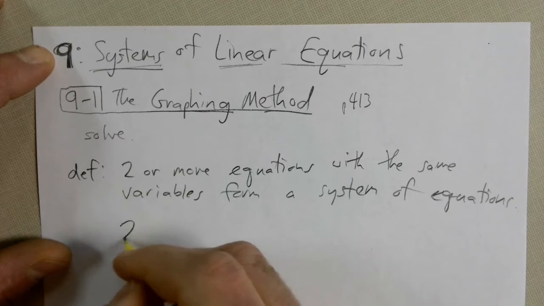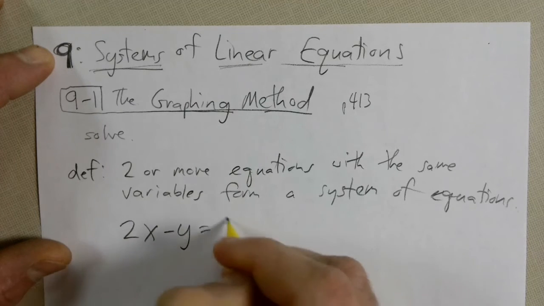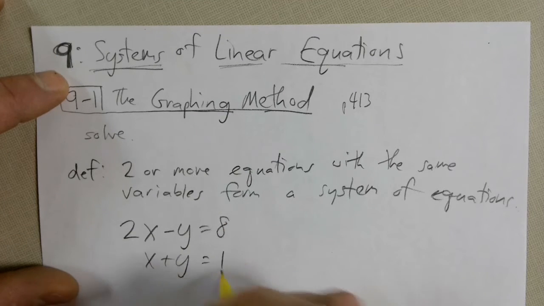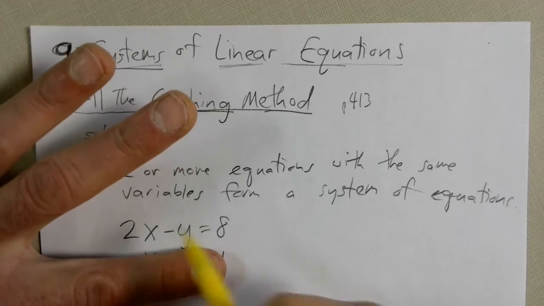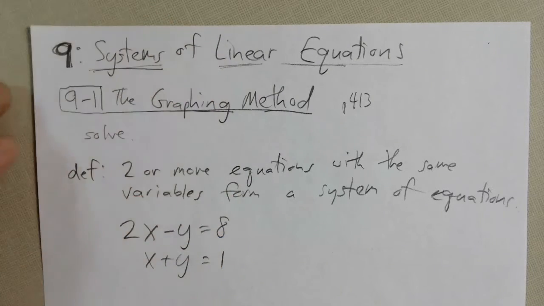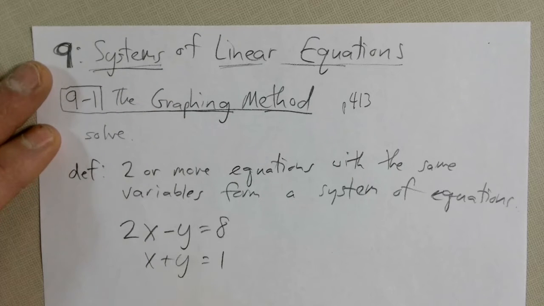Here's an example. 2x minus y equals 8 and x plus y equals 1. This is a linear equation and this is a linear equation. Together they are a system of linear equations.